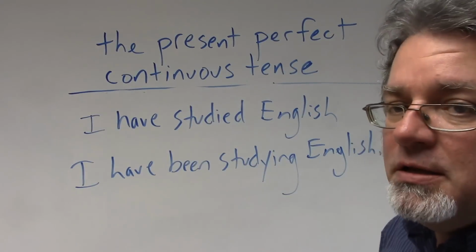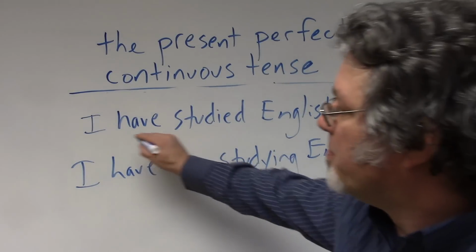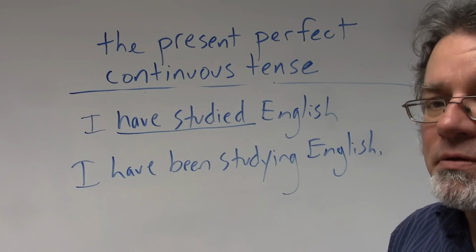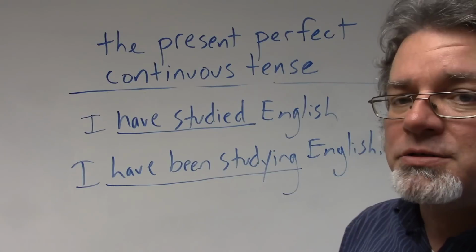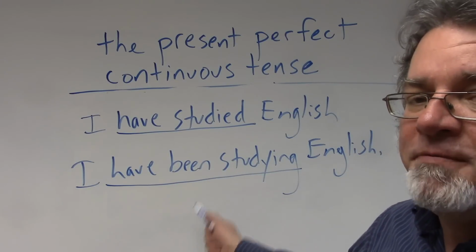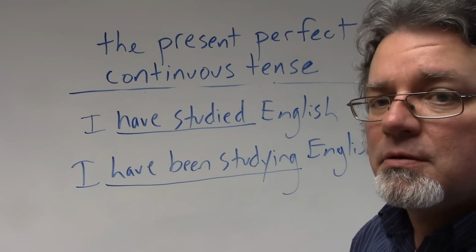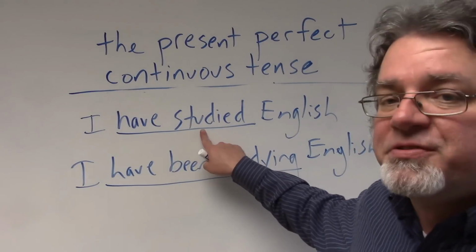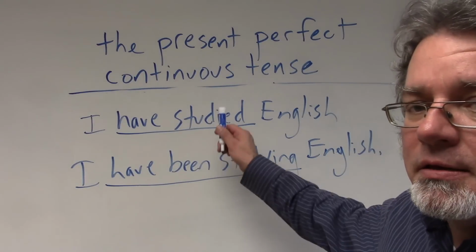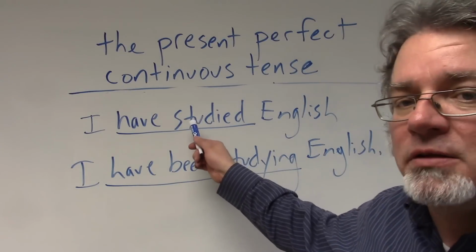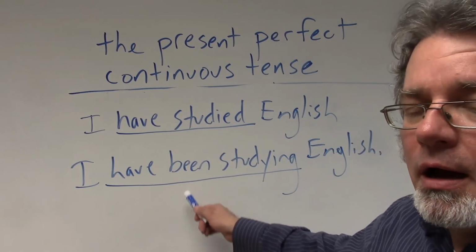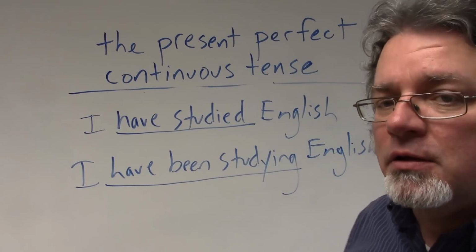I have studied English. This is in the present perfect tense. I have been studying English. This is in the present perfect continuous tense. I have studied English. This happened sometime in the past, but I'm not sure exactly when. I have been studying English.